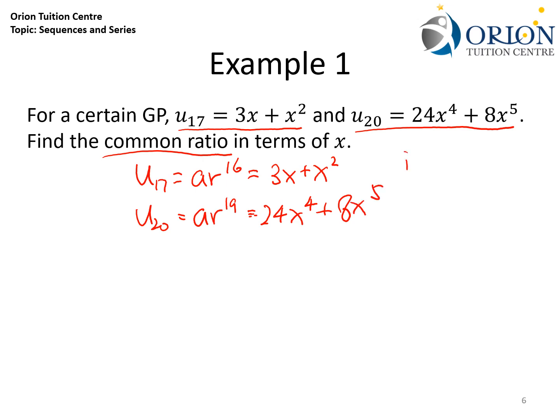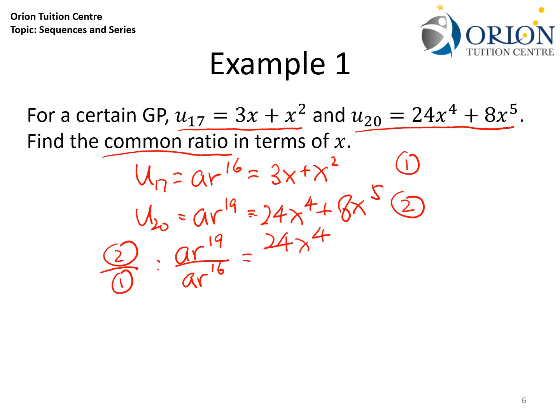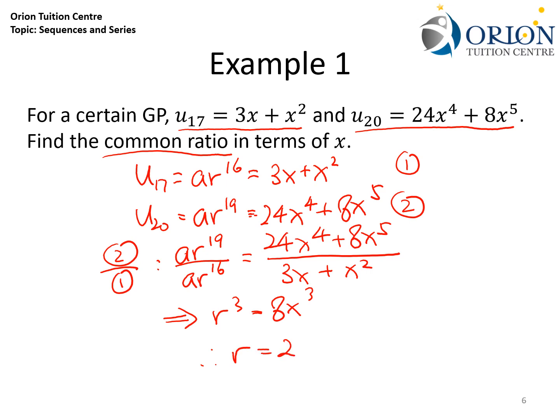Therefore, if I name these as equations 1 and 2 respectively, and take a division between them, I will have AR to the power of 19 divided by AR to the power of 16 equals 24x to the power of 4 plus 8x to the power of 5 divided by 3x plus x squared, which can be reduced into r cubed equals 8x cubed, and therefore I get a common ratio r to be 2x.